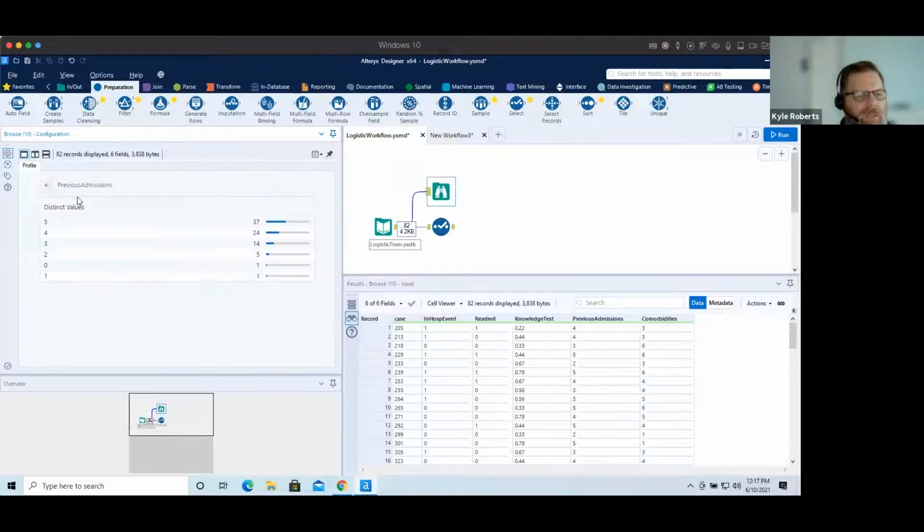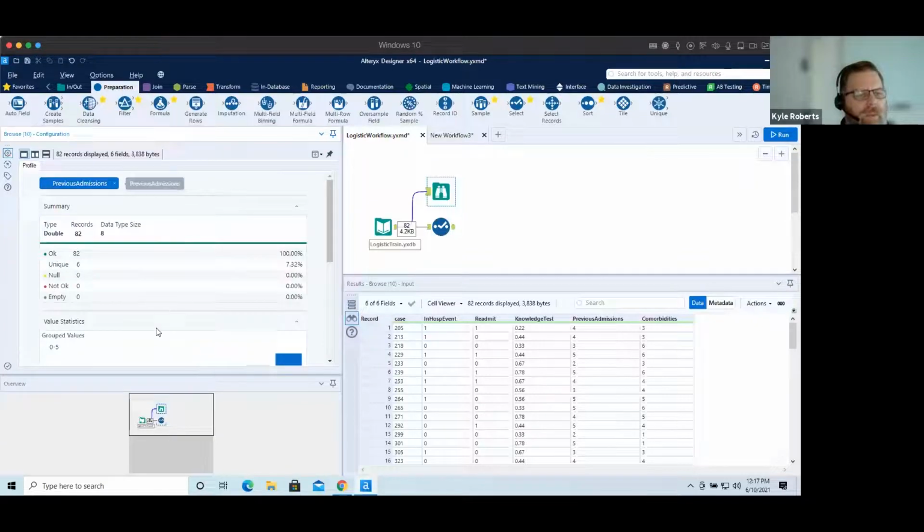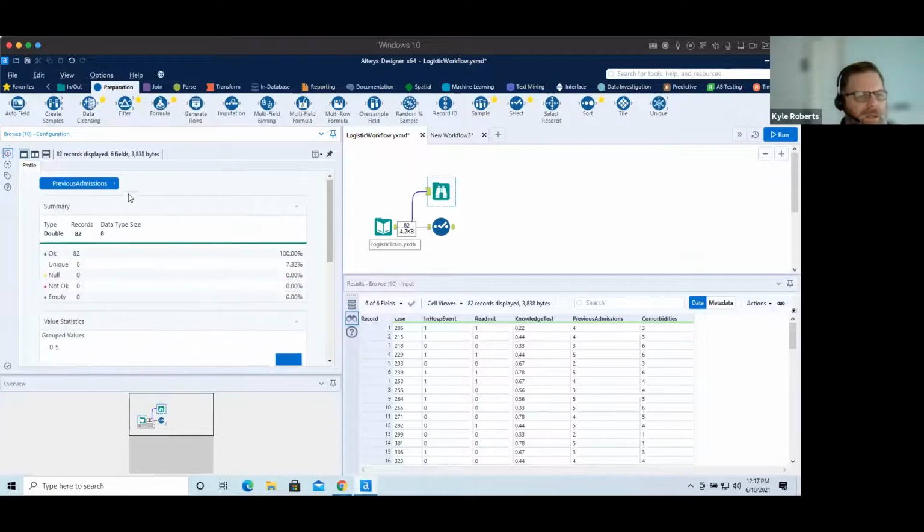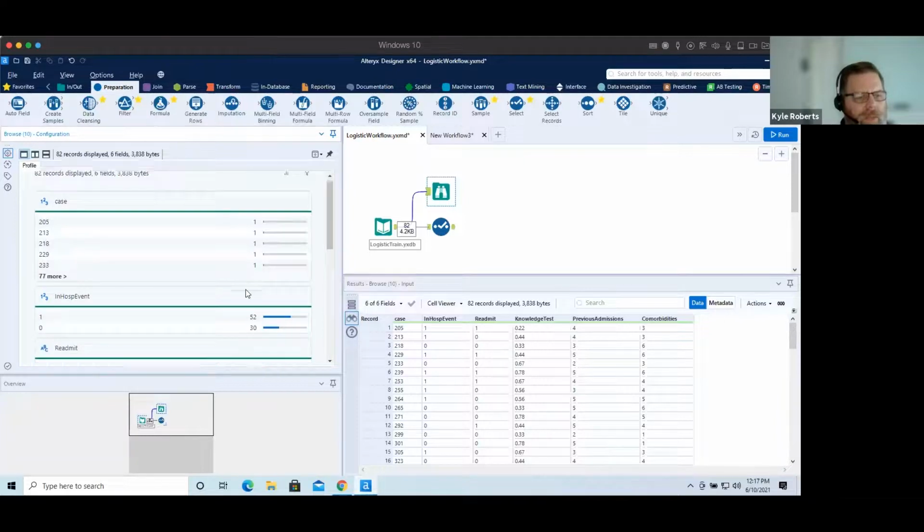If we wanted to see more, we could go into here, and min is 0, max is 5. Anyway, on the newer versions of Alteryx, I really like that the browse tool gives you all these profiles. I think it's really helpful when you're doing your initial data screening.